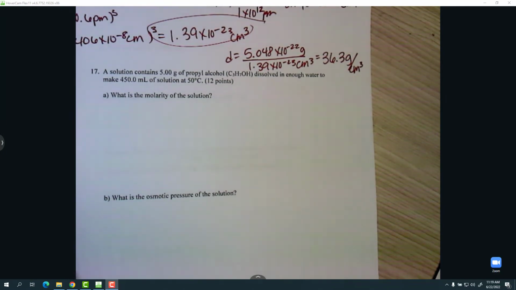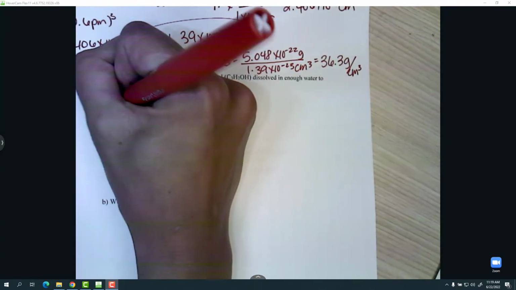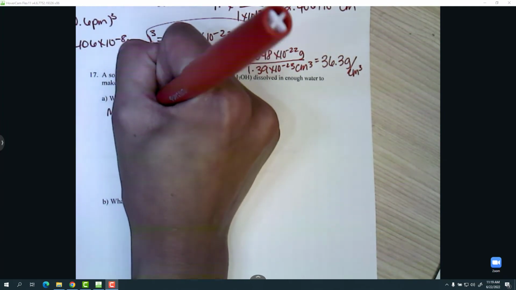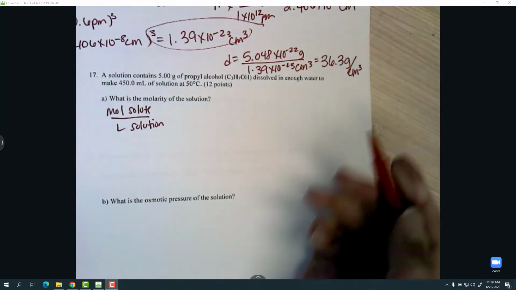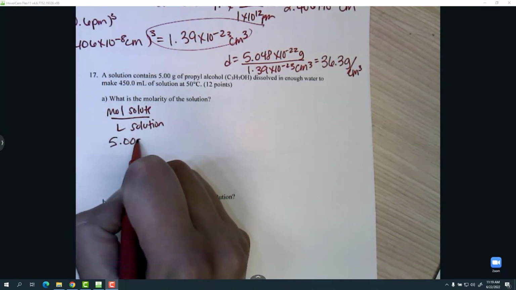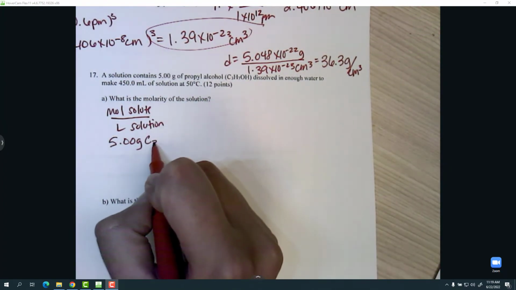All right, a solution contains 5 grams of propyl alcohol dissolved in enough water to make 450 milliliters of solution. What is the molarity? Molarity is moles of solute divided by liters of solution. I have 5 grams of my solute.